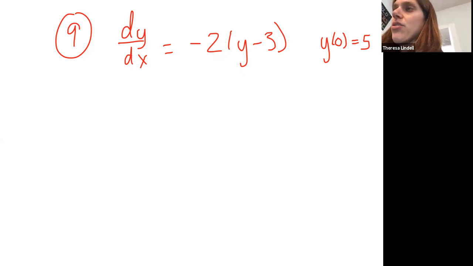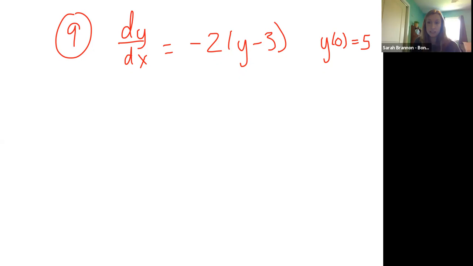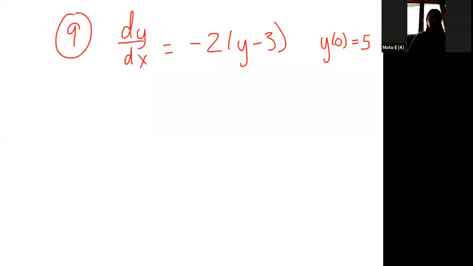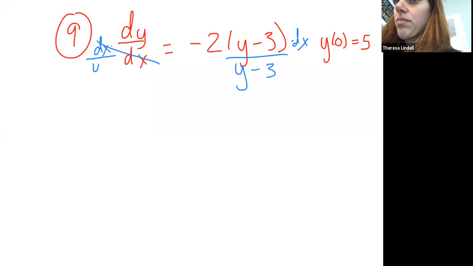But what are we going to do to get this set up right? Divide by dy. Multiply by dx and divide by quantity y minus 3. Definitely divide by something, but I would divide by this whole thing, because you can't just divide by a y. That wouldn't cancel anything anyway.